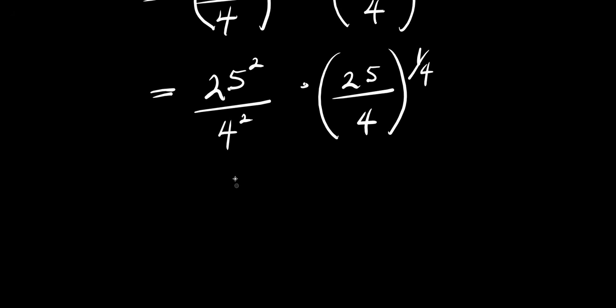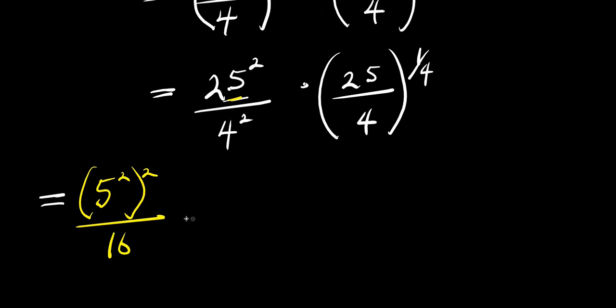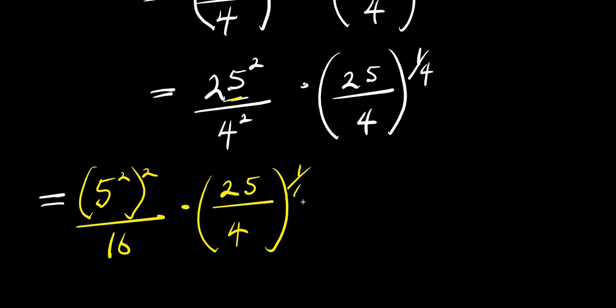Now, what we need to do is find the value of 25 power 2. So remember 25 is 5 power 2. That means we can simply have it as 25 is 5 power 2, and this is raised to the power of 2, divided by 4 power 2, that is 16, times 25 divided by 4 raised to the power of 1 over 4.